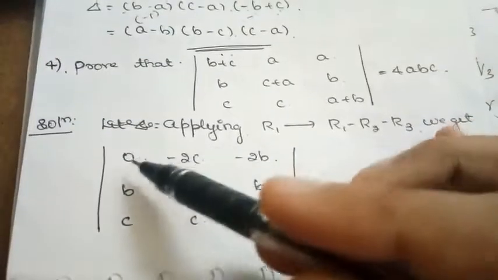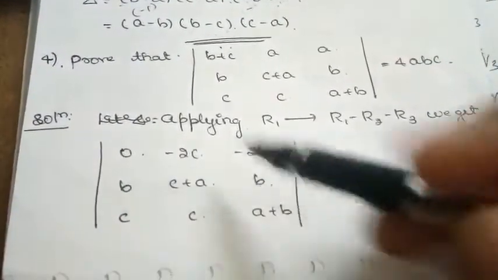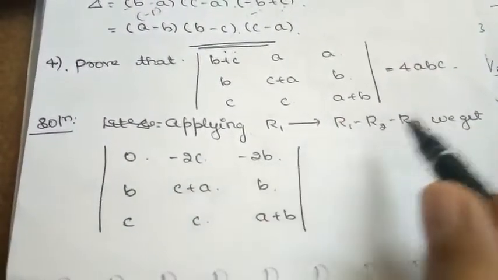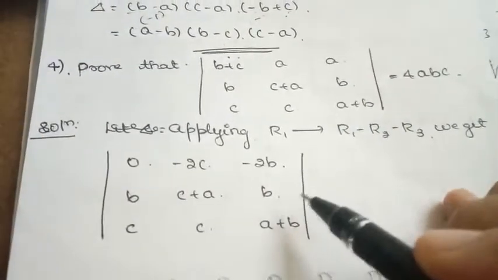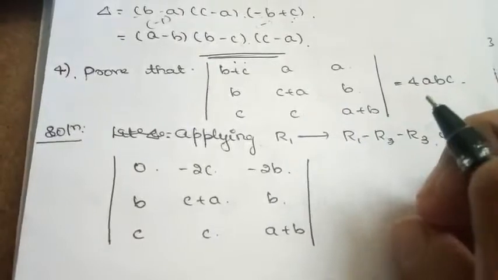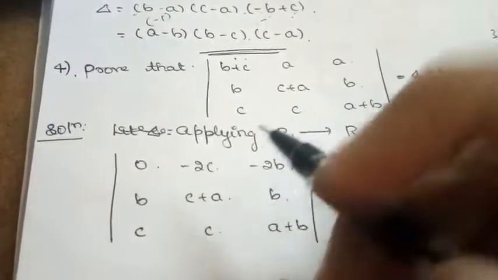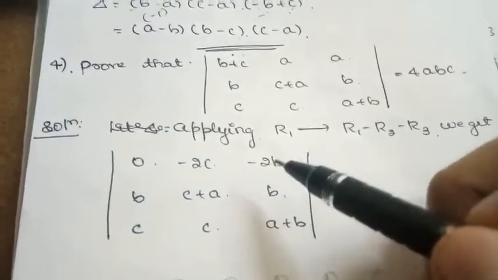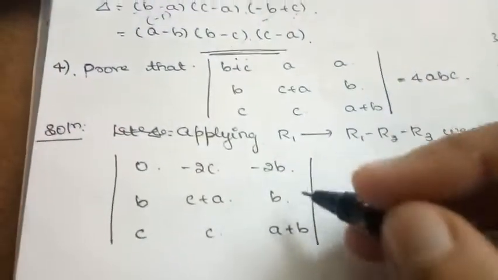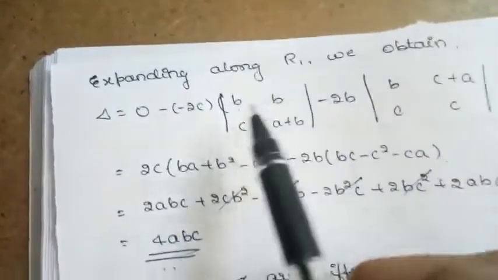After that I got this element equal to 0 and the rest of the 2 elements are solved accordingly. After that, when we think about this one, there is no other simpler way to make some other element equal to 0. So I went with the row operation and not the expansion of the determinant at this stage itself. So here I made an expansion along row 1.